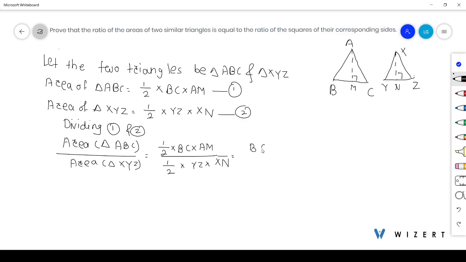So here it will be BC into AM divided by YZ into XN. Suppose this is equation number 3.